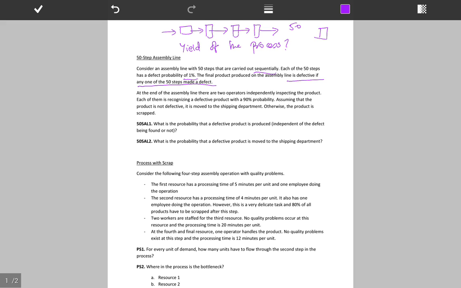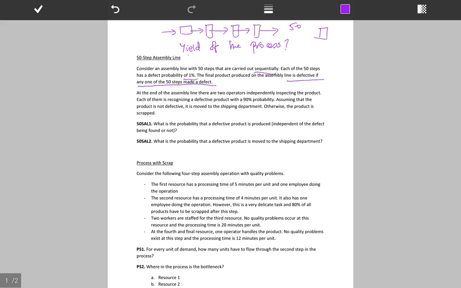Remember, when we know that the product is bad if just one step makes a mistake, then the yield of the process is nothing but the product of the yield of each step.